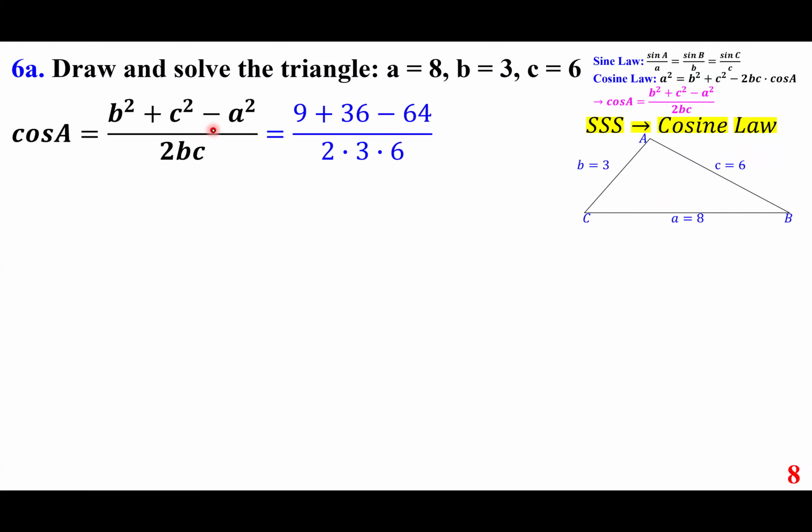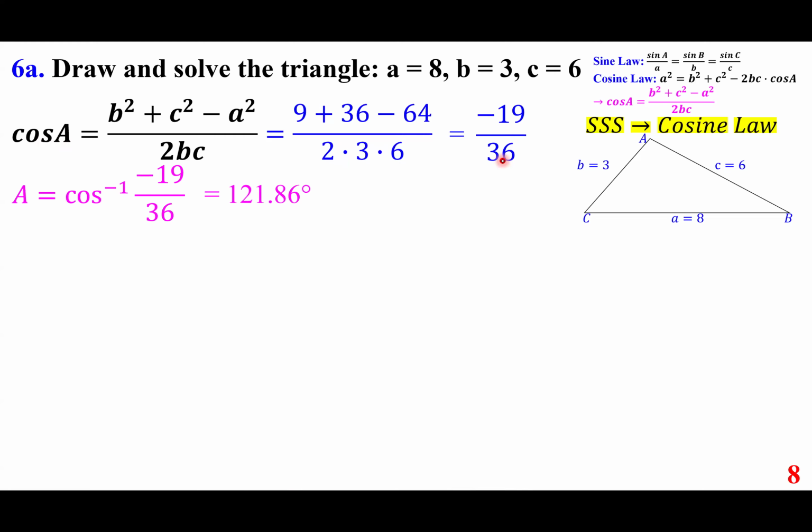So just plug it in. 9 and 36, 45 minus 64 is negative 19. 2 times 3 times 6 is 36. So negative 19 over 36, which makes A cosine inverse of this number. Putting it into a calculator will result in 121.8 degrees, everybody.